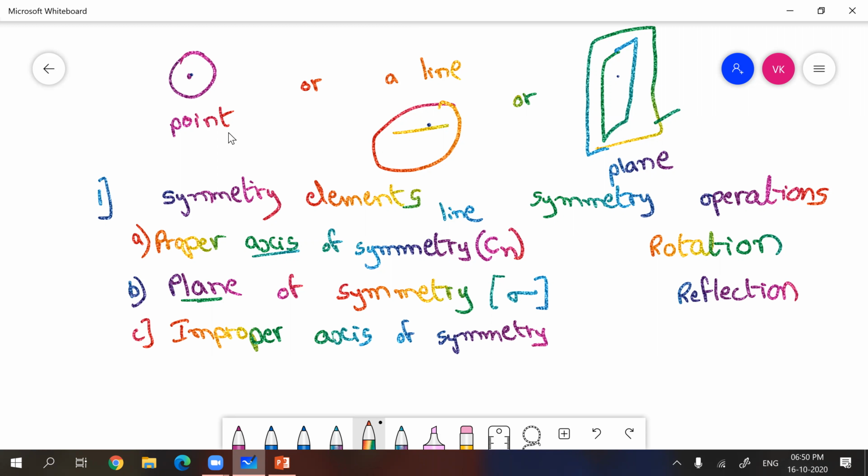It is indicated with the symbol S suffix n. And here the combined operation we do is rotation followed by reflection. Always rotation should be followed by reflection.